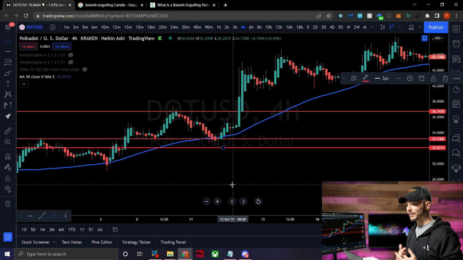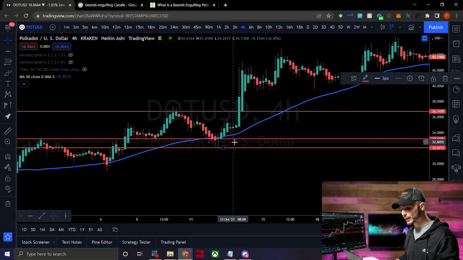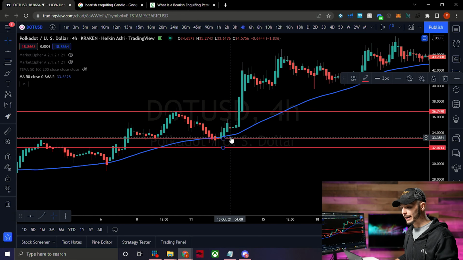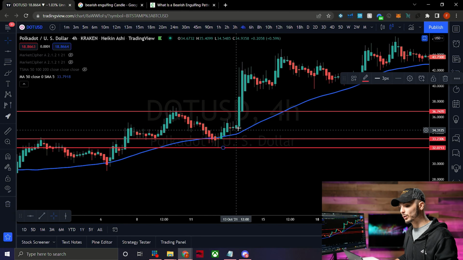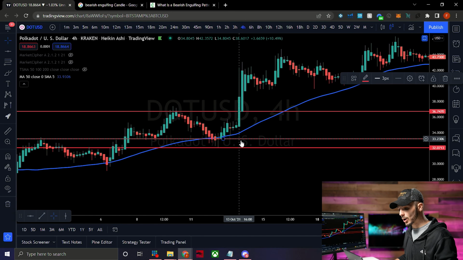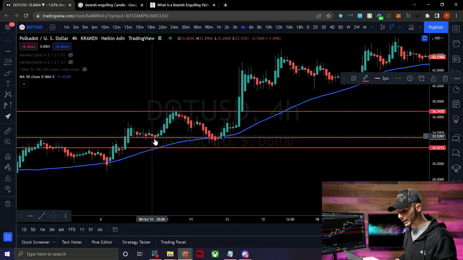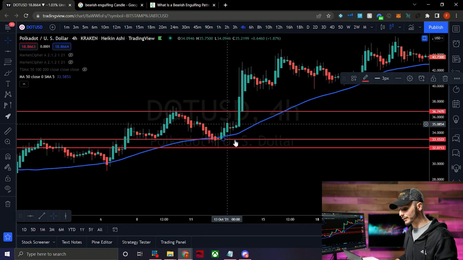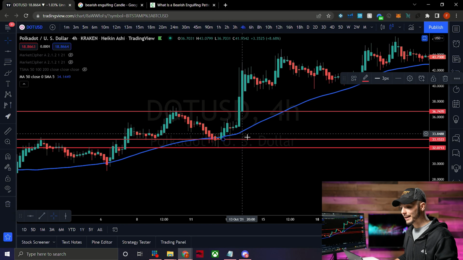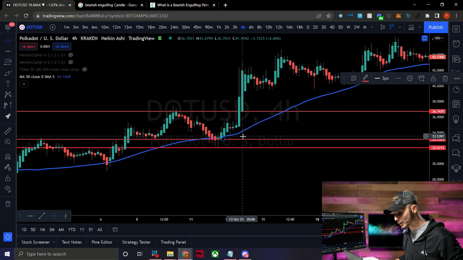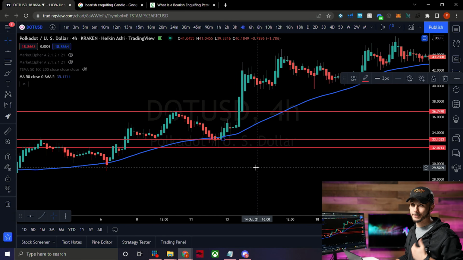You want to place your stop loss below previous swing lows, and make sure you're below that moving average, because you might find support on the moving average. And if you are at a previous swing low like this, there is a chance that you can see a little bounce from there. If you lose that level, that means you lost the moving average and you lost this level of support. It's probably a good time to get out of the trade.